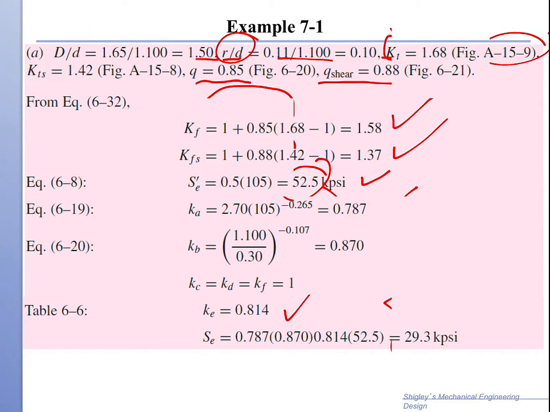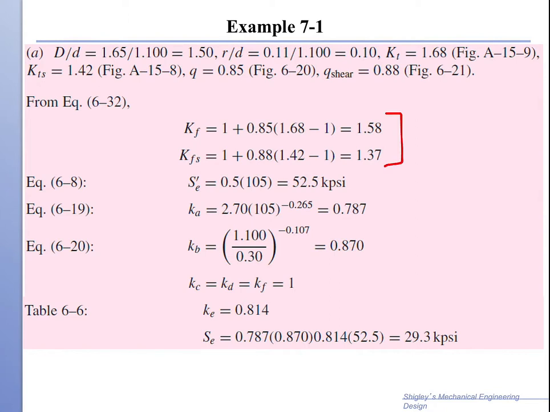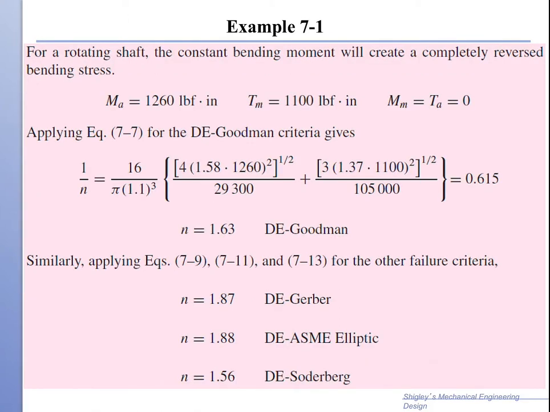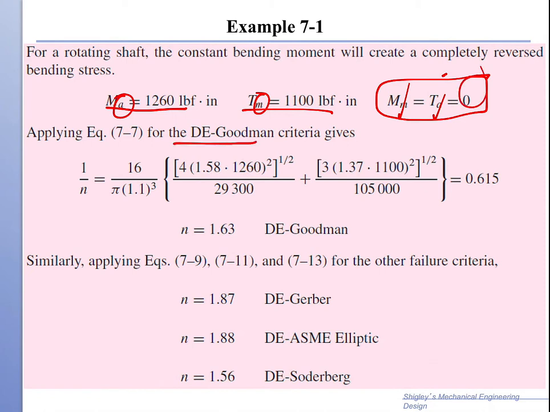Once we've now got the stress concentration factors and the corrected endurance limit, we are ready to go, because we can use the moment and the torque. This is alternating, this is mean, so both the mean of the bending and the alternating of the torsion are 0. Therefore, if I use the distortion energy to find the Goodman criterion, as we've seen in one of the equations before, then I'm able to compute the fatigue safety factor, and it's here, 1.63.